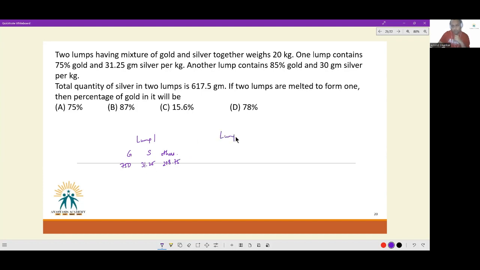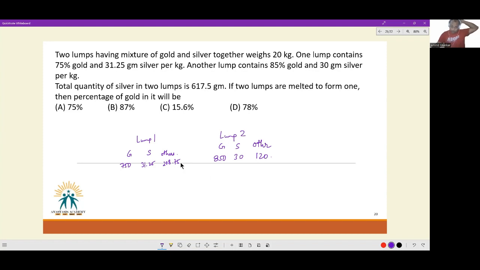In lump 2, gold is 85%. So 850 is gold, silver is 30. So others will be 120. Okay. Total quantity of silver in two lumps is 617.5 gram.